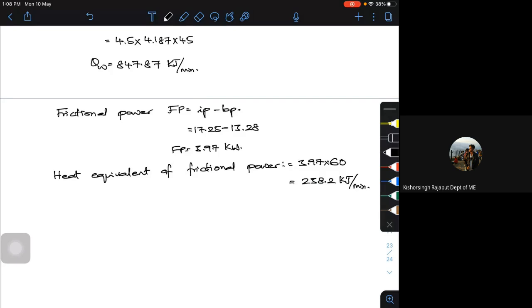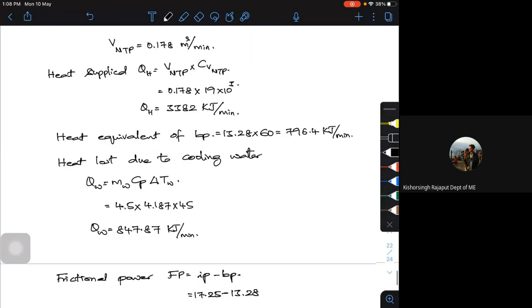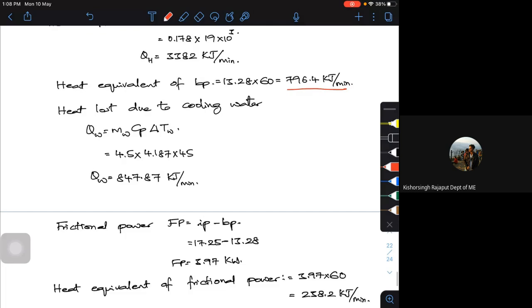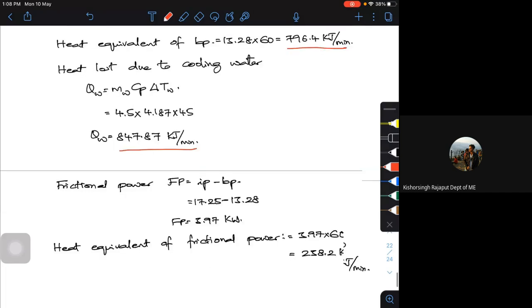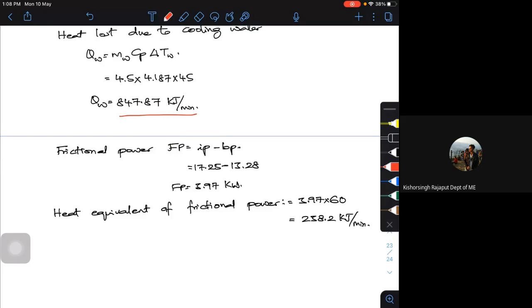Now look at it. I am producing around 3,382 kilojoules per minute of heat. Part of it is getting converted to brake power, which is what I am getting as output. Something is lost due to cooling water, and something is lost due to friction.